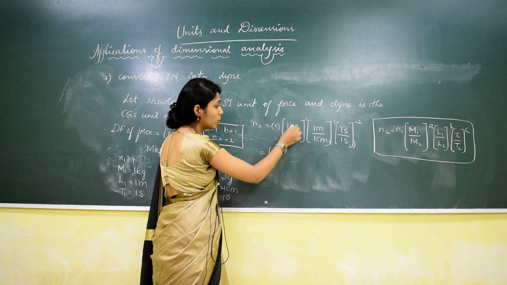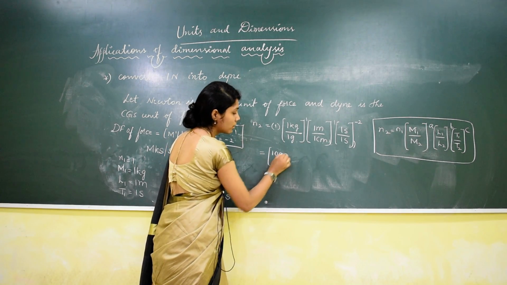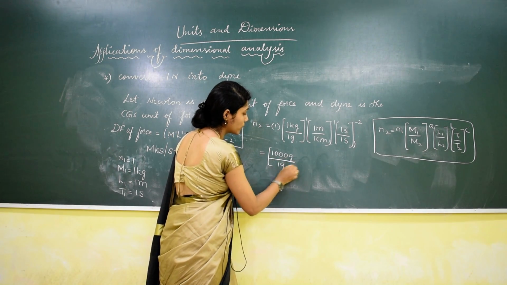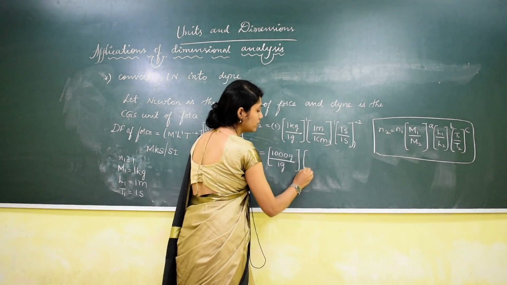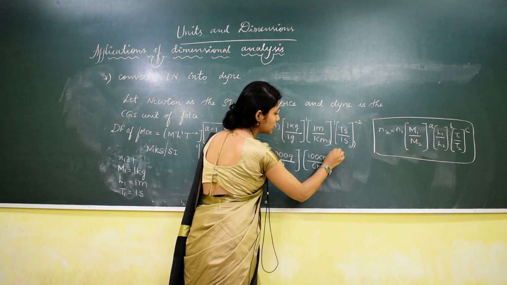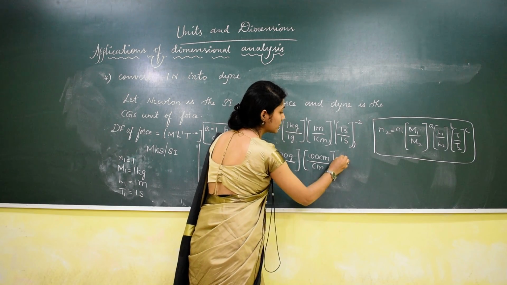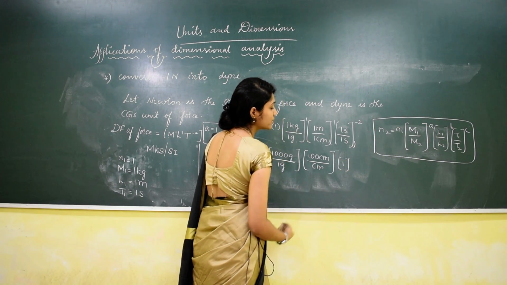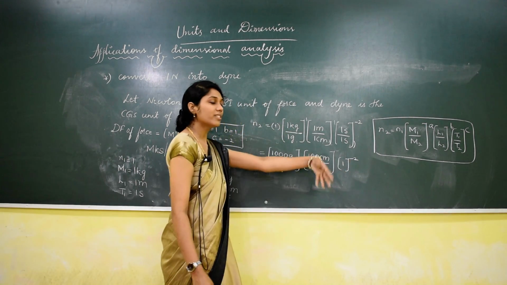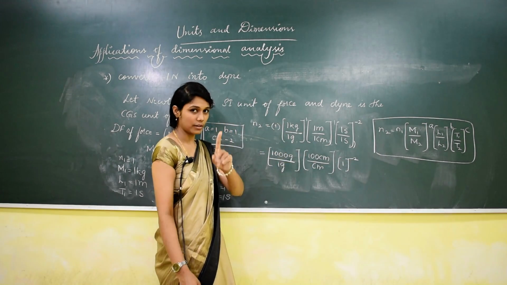So therefore we'll write 1 kilogram is equal to 1000 gram divided by 1 gram, and 1 meter is equal to 100 centimeter divided by centimeter. 1 second, 1 second gets cancelled and you get 1 itself. 1 by 1 is 1 raised to -2. 1 raised to anything is 1 for you.